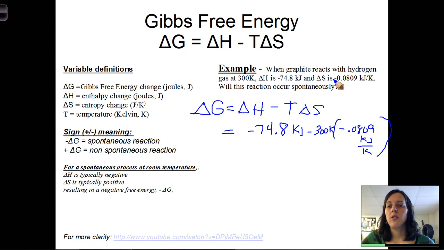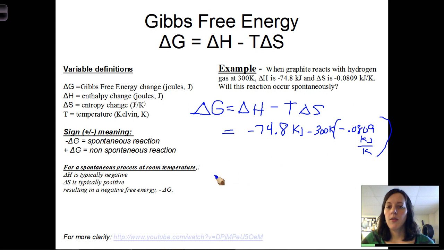So that value almost always needs to be converted to kilojoules per Kelvin in order to subtract it from the delta H value. The reason it's given to you in joules per Kelvin is because the delta S value is typically a decimal number. It's a very small number if you represent it in kilojoules. I converted it already to make this problem a little shorter.